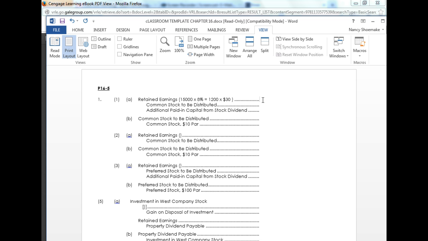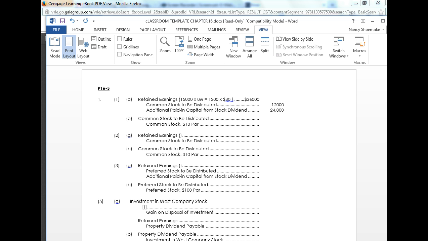So we're going to debit retained earnings $36,000, 1,200 shares times $30 a share. The common stock to be distributed will be $12,000, because we're calculating that by 1,200 shares at $10 a share. And then the additional paid-in capital, $24,000.